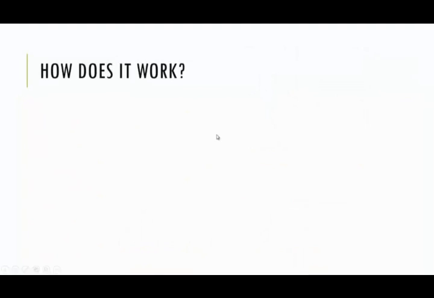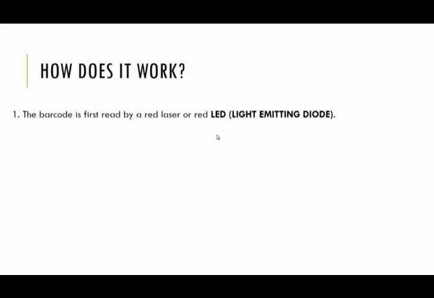How does it work? Now we have seen what a barcode is and how it is made. Now we are going to see how a barcode works. The barcode is first read by a red laser or red LED, light emitting diode.